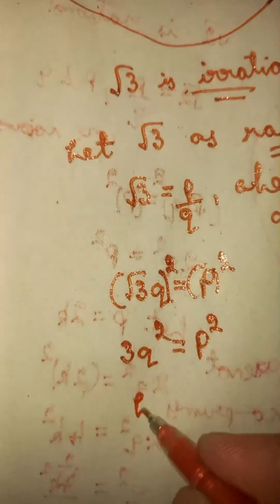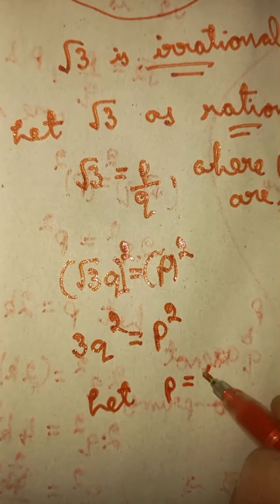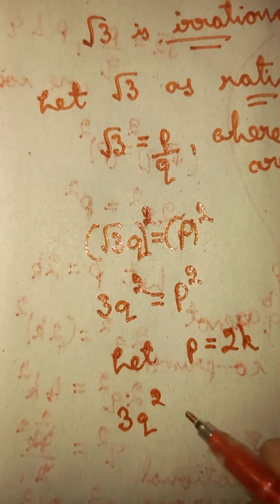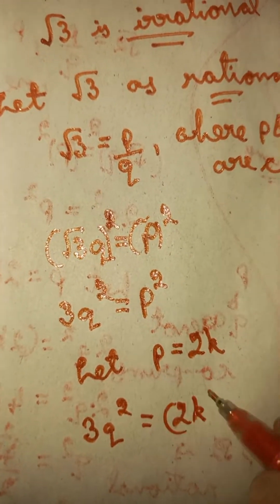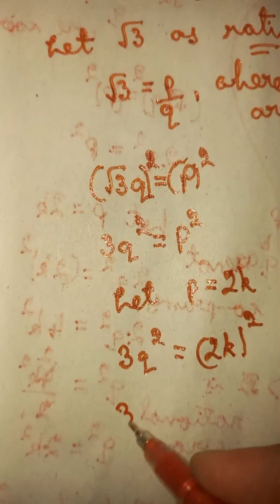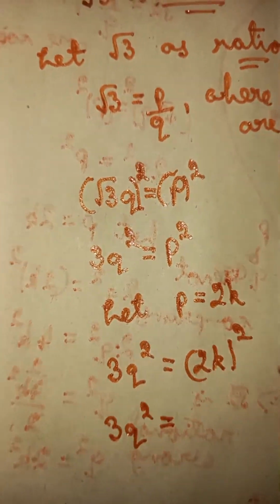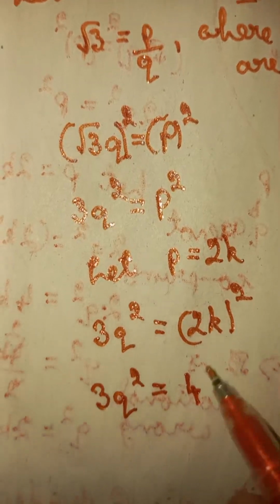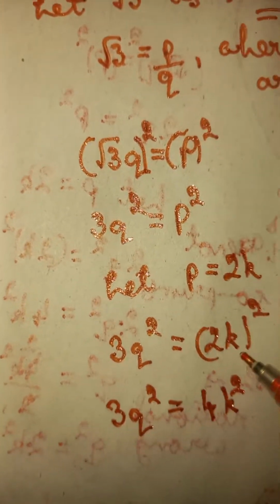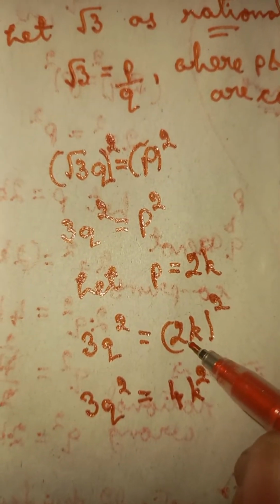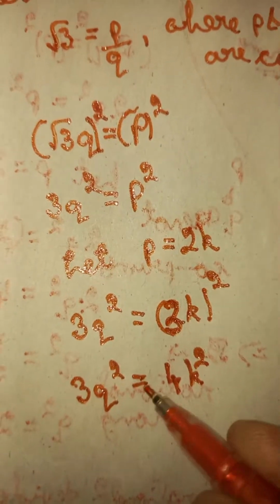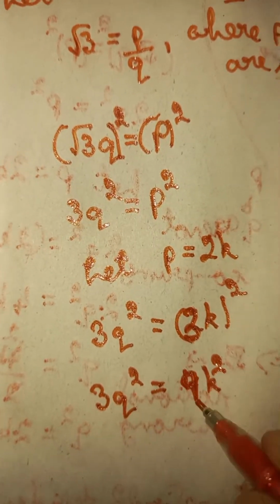Now let's take P equal to 2K. If you take P equal to 2K, you're going to get 3Q squared equal to 2K whole squared. When you expand, 3Q squared equals 2 squared is 4 and K squared is K squared, so it becomes 4K squared.